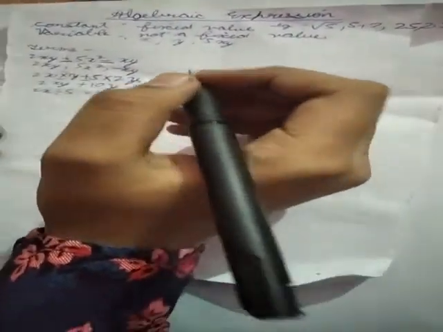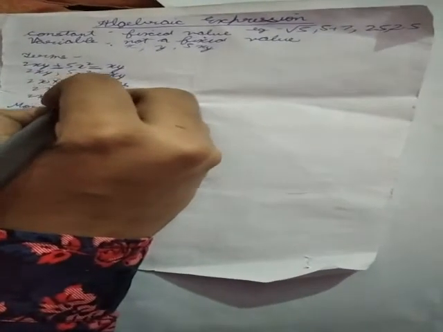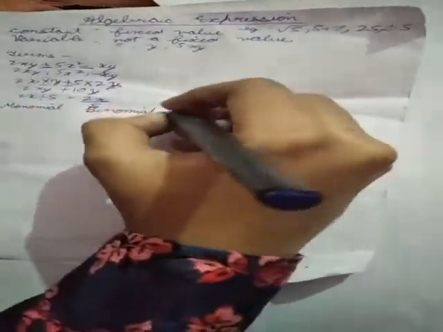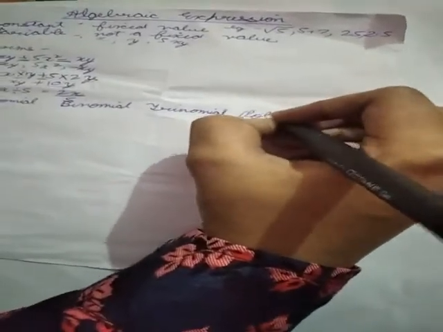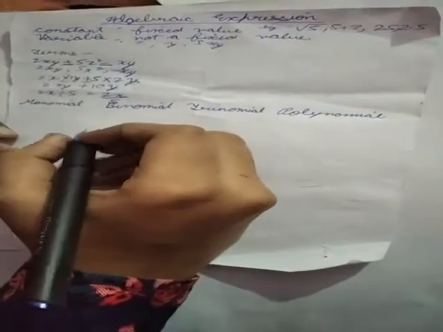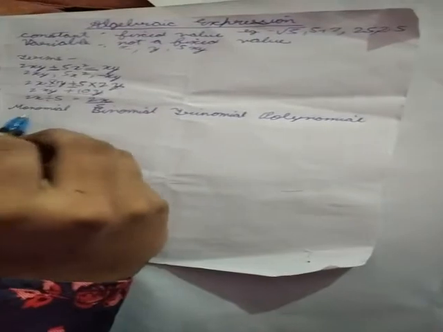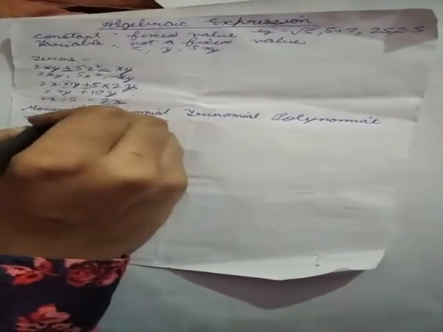Next, we take the topic of monomials, binomials, trinomials, and polynomials. Now what are these? An algebraic expression which contains only one term is called a monomial, such as 2x, 5y.